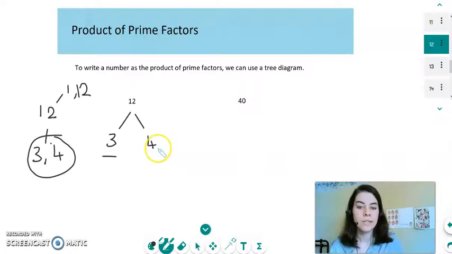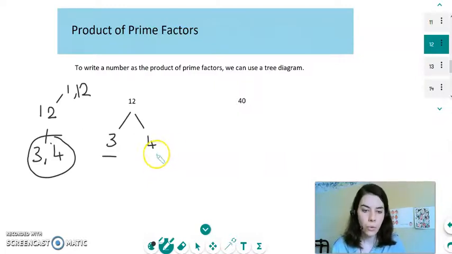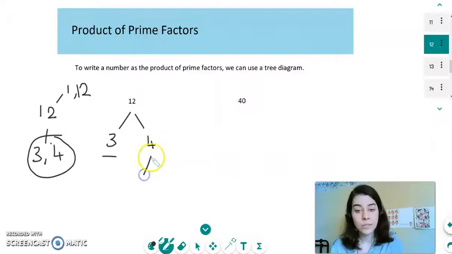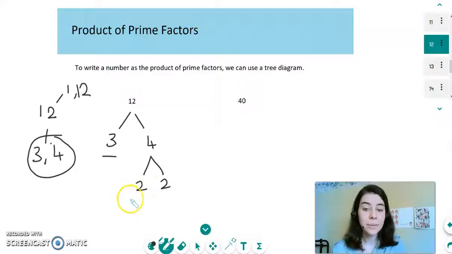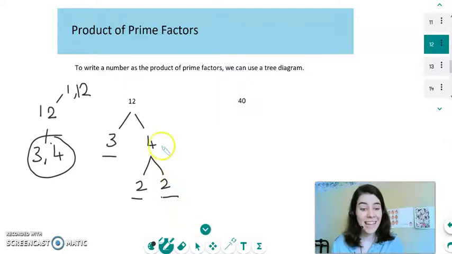So what are our factors of 4? Well, we could have 1 and 4, but as we've seen before, we don't really want to pick something with a 1 in it because we just end up doing the same number again. So what other factor pair do we have? Well, we have 2 and 2. So let's try 2 and 2. And then we end up with 3 prime numbers at the bottom of our tree, and we can stop. And that's the end of our tree.